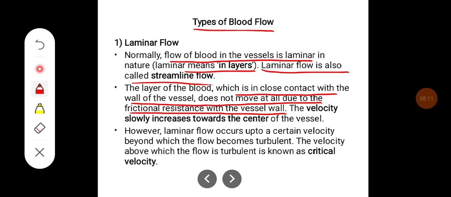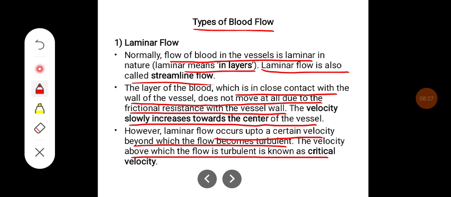The velocity slowly increases towards the center of the vessel. However, laminar flow occurs up to a certain velocity beyond which the flow becomes turbulent. The velocity above which the flow is turbulent is known as critical velocity.